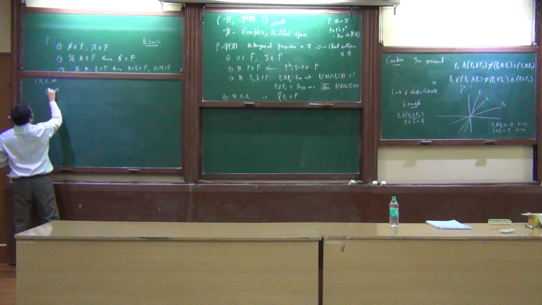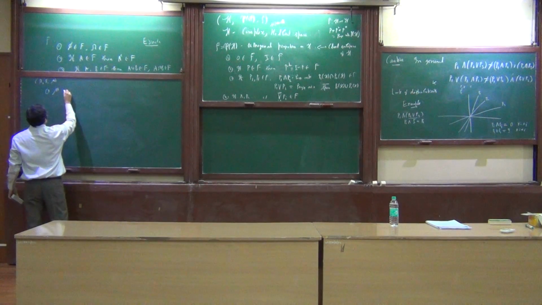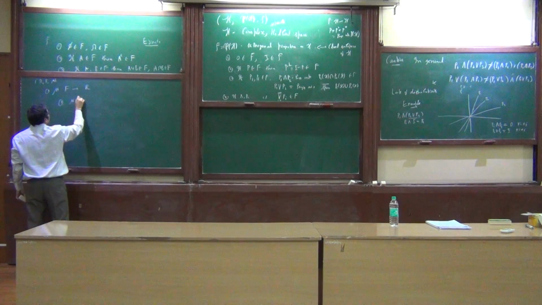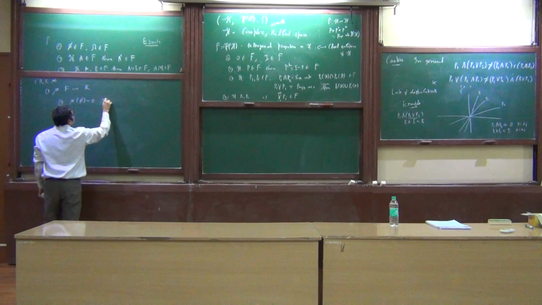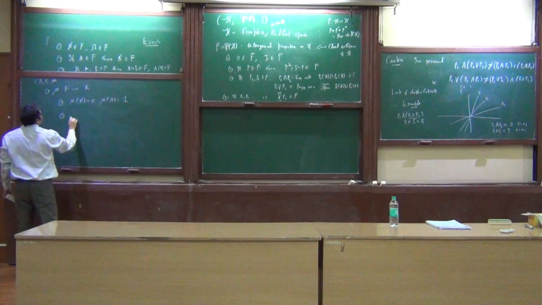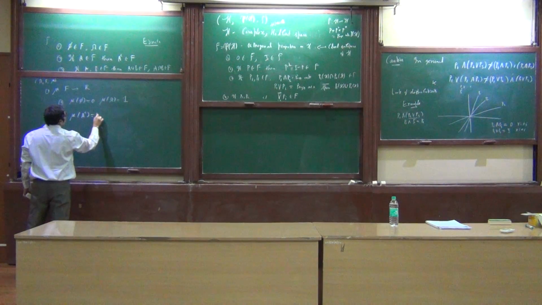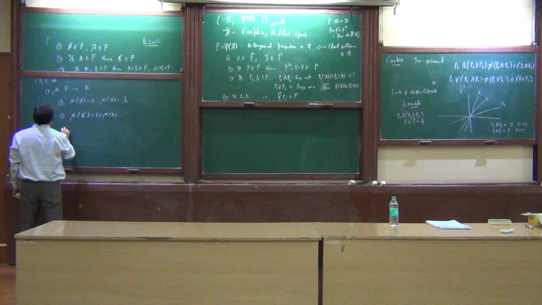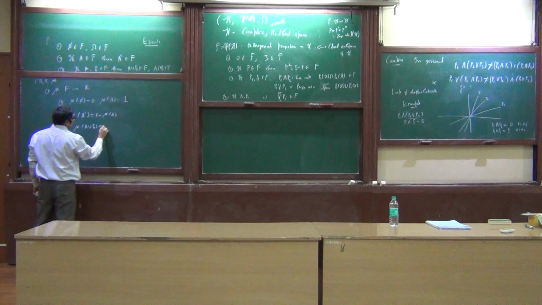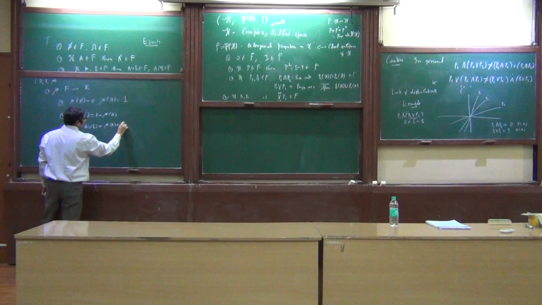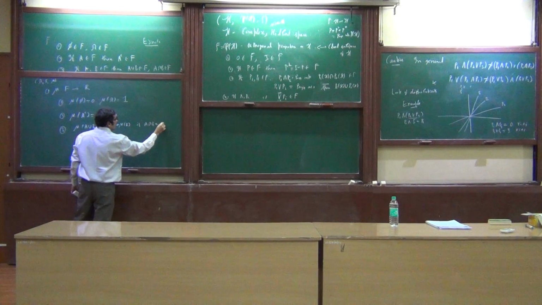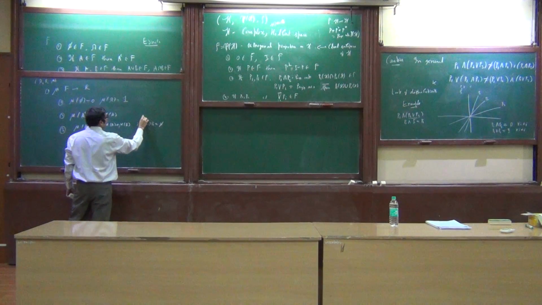Mu is a measure, a mapping from F to R. Mu of the empty set should be 0. Mu of the whole set should be 1, a probability measure. And mu of A complement should be 1 minus mu of A. And mu of A union B equals mu of A plus mu of B if A intersected with B is empty, where A and B are in F.